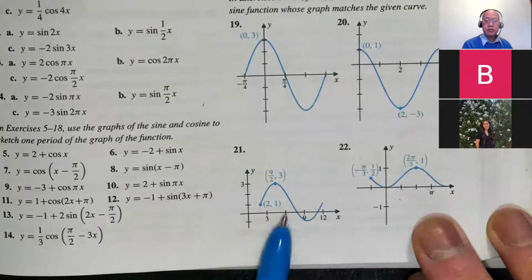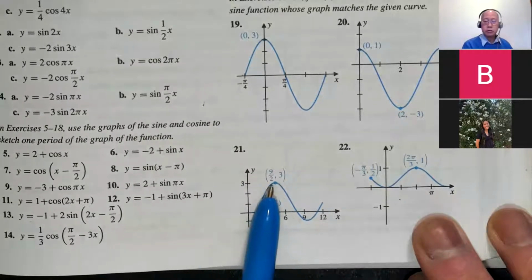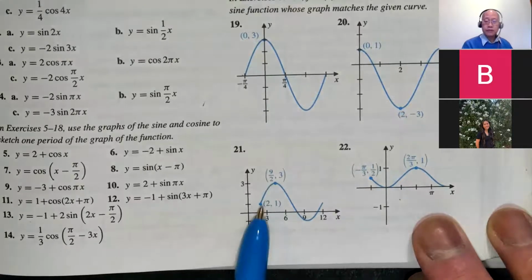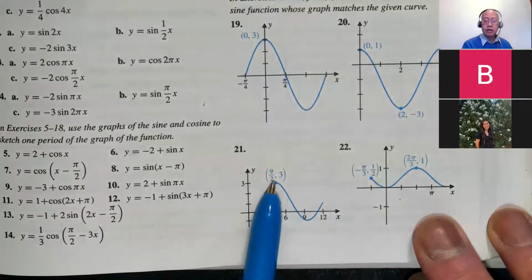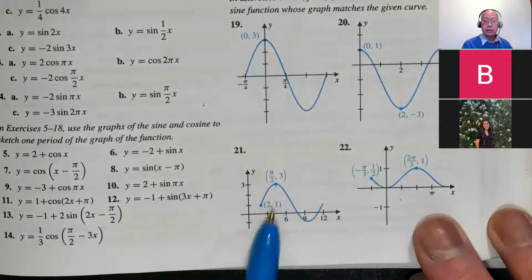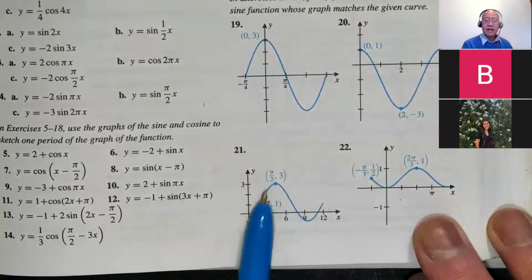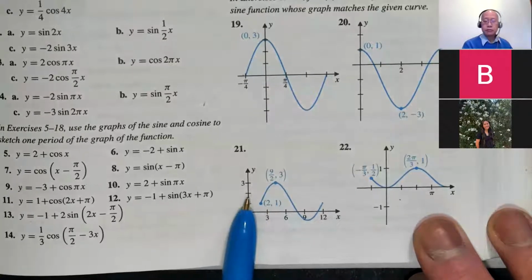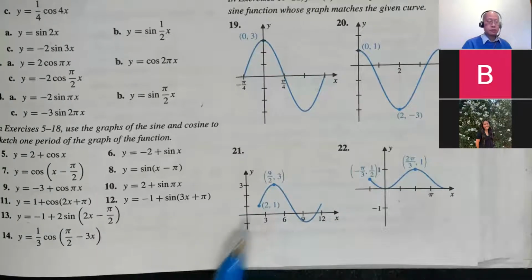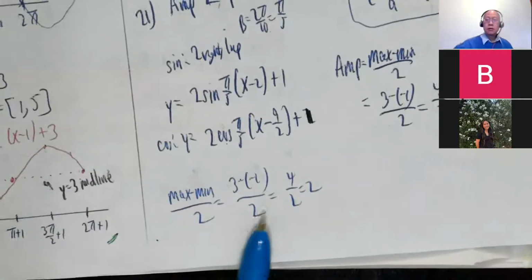So the horizontal shift would be 9/2. Oh, that makes sense. Thank you. Okay, the vertical shift is only 1, not 3, because remember, for cosine, if I didn't have any vertical shift, it would start off at 2 because of the amplitude. So it's only going to be plus 1.